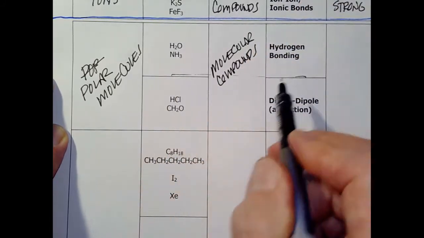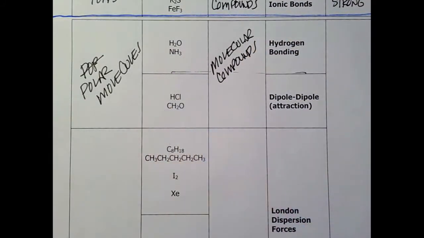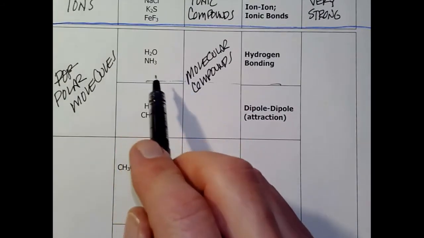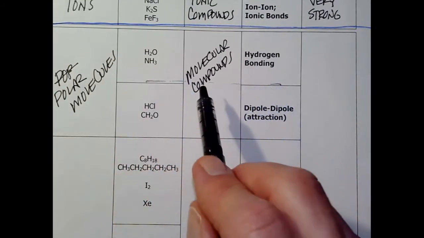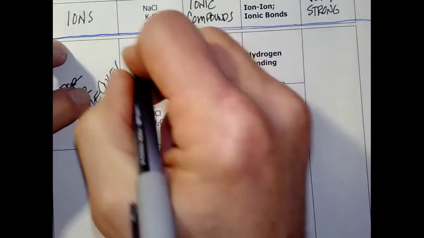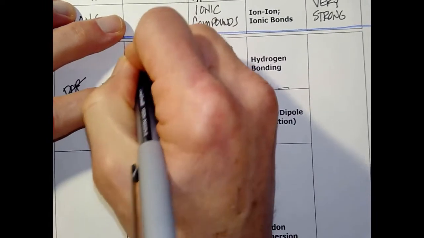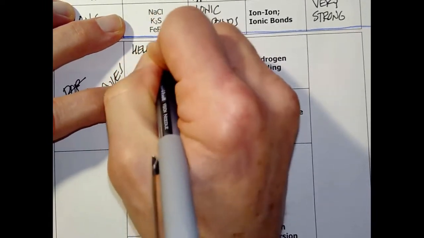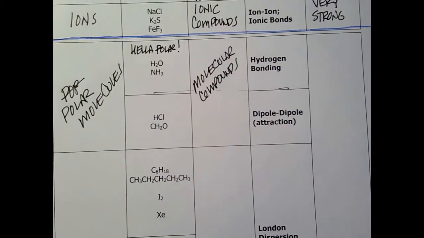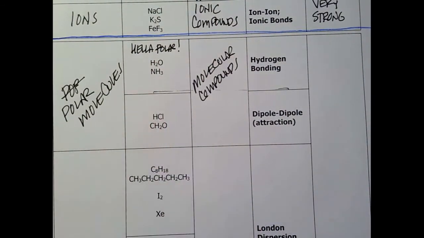But we've divided them up into this category and this category. If they have the NH, OH, or FH, we say they're just superpolar. And polar, but not as polar.